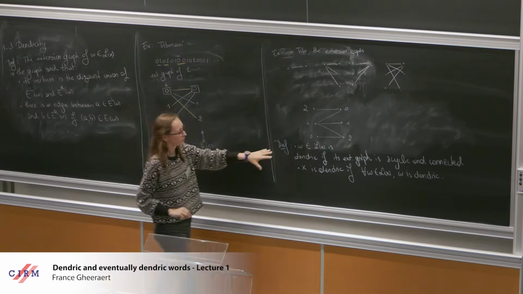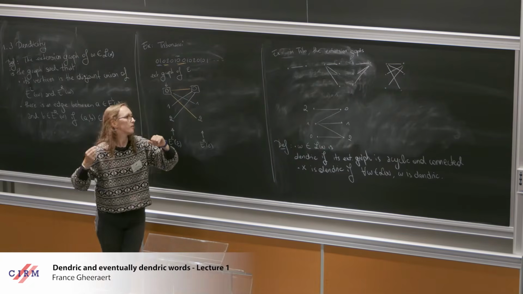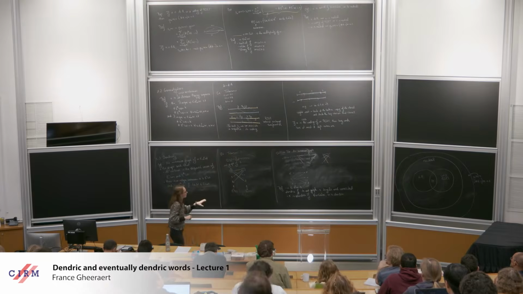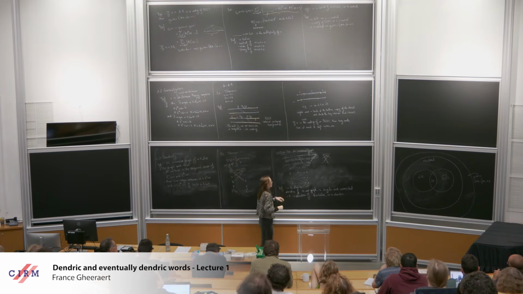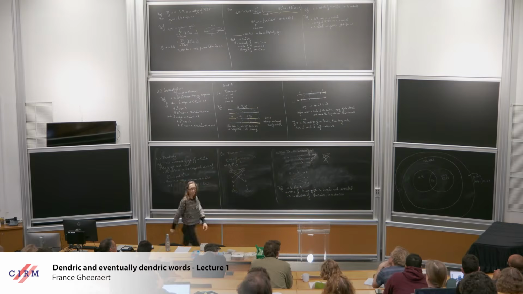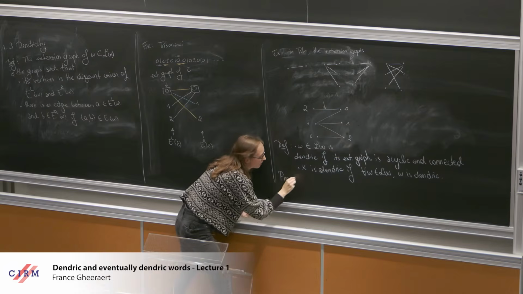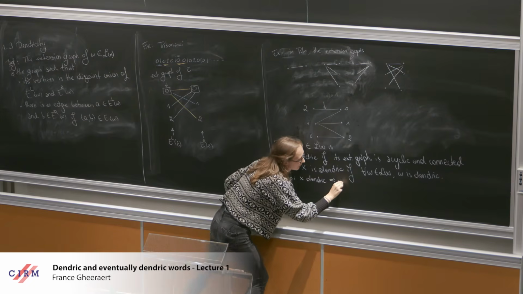And if you know a little bit of graph theory, you know that when you have a graph which is a tree, then you have a link between the number of vertices and the number of edges, right? And that link is precisely the fact that the number of edges minus the number of left vertices minus the number of right vertices plus 1 is equal to 0. So it's exactly the fact that, let me just write it here. If X is dendritic, then X is neutral.